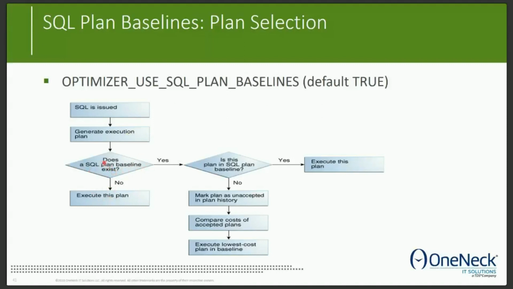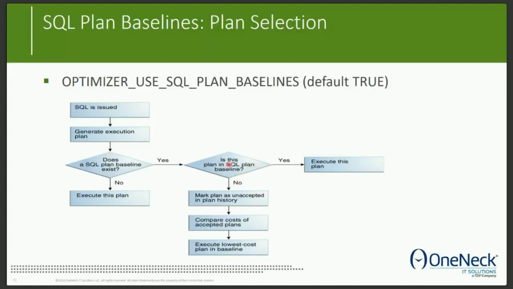If no baseline exists, it will execute the plan. If there is a baseline, then it checks whether this SQL is in the plan baseline. If yes, it will execute whatever plan is in the SQL plan baseline. It will not execute the new plan.